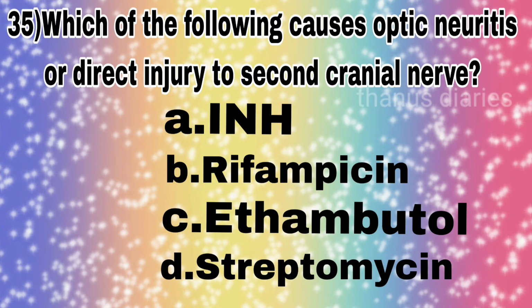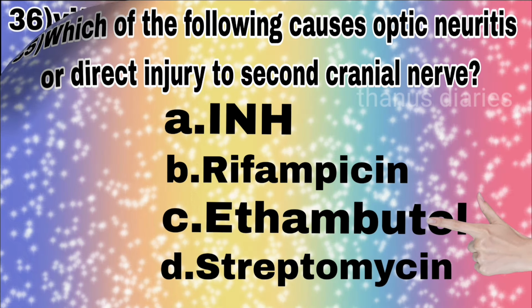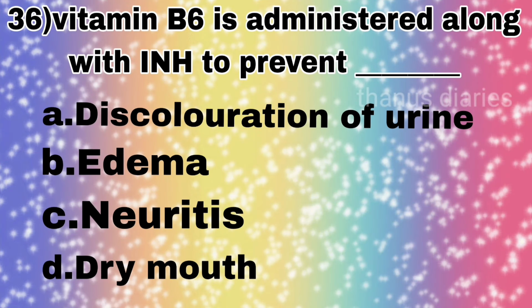Next question. Which of the following causes optic neuritis or direct injury to the 2nd cranial nerve? Isoniazid, rifampicin, ethambutol, streptomycin. Optic neuritis is caused by ethambutol. Next question. Vitamin B6 is administered along with isoniazid to prevent discoloration of urine, edema, neuritis, dry mouth.